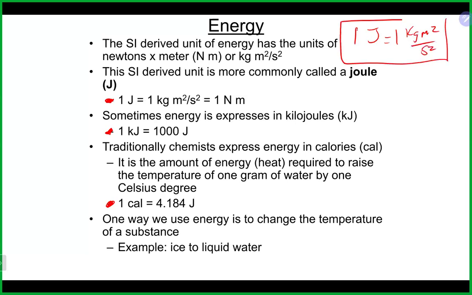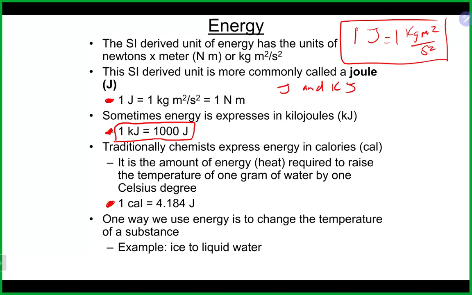This relationship is a good one to remember. Maybe not so much for this class, but definitely in the next class, you'll see that relationship a lot. There are a lot of formulas where you have to take that into account. We won't see too much of it in here, but a joule and a kilojoule are 2 very common units of energy, and 1,000 joules is equal to a kilojoule, which is definitely something that you need to know.